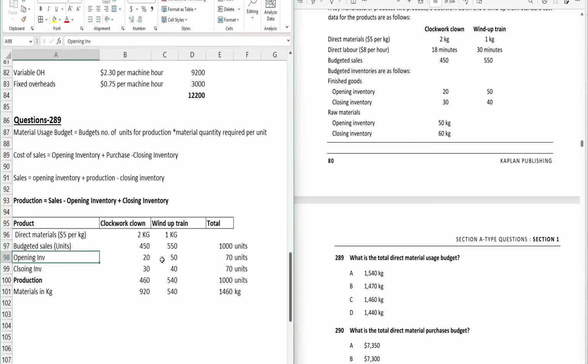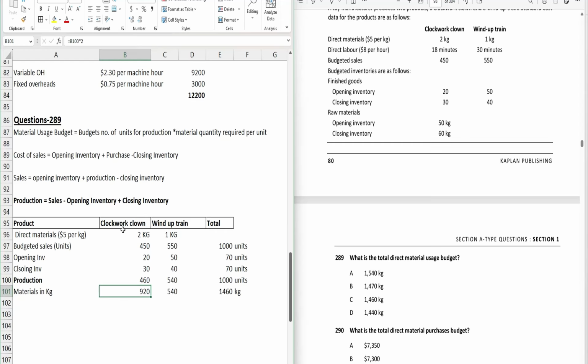Opening inventory is also given in the question, and closing inventory as well. After this, I just copy paste from the question. Now production is calculated by using this formula, and by adding the total units of production quantity of both of these products, that's 1,000 units in total. Now let's calculate the material in kg.